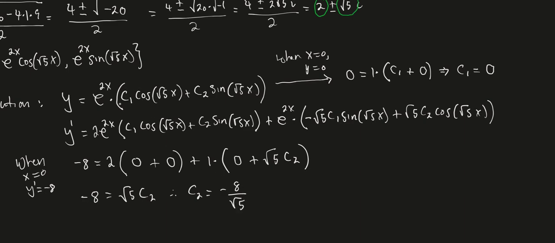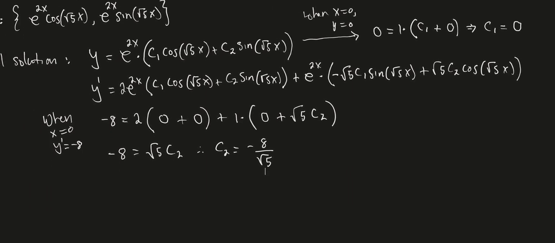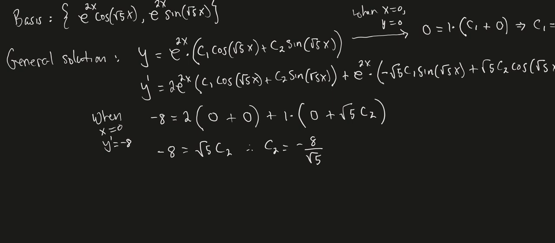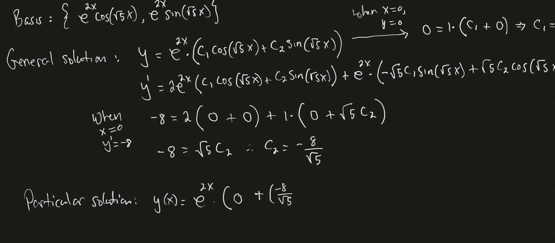So I now know what the particular solution is, and let's write it down. So in fact, I can go back here now and say that our particular solution is y of x. So we'll have the e there, so we'll have e to the 2x. Remember, C1 came out to be 0, so that whole term is eliminated. And then we'll have the plus, and then C2 is negative 8 over root 5, and then times the sine of root 5, oh, not root x.